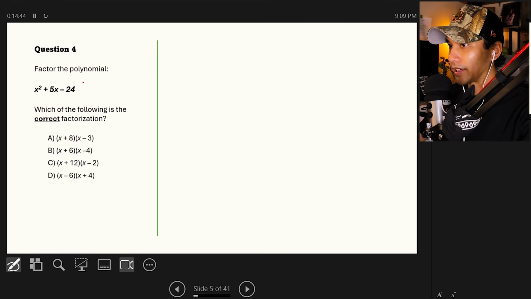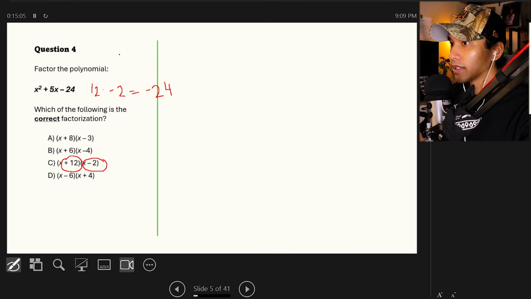Let's just start with C, right? So positive 12 and negative 2. 12 times negative 2 equals negative 24. That checks out. But 12 minus 2 equals 10, which does not equal 5.